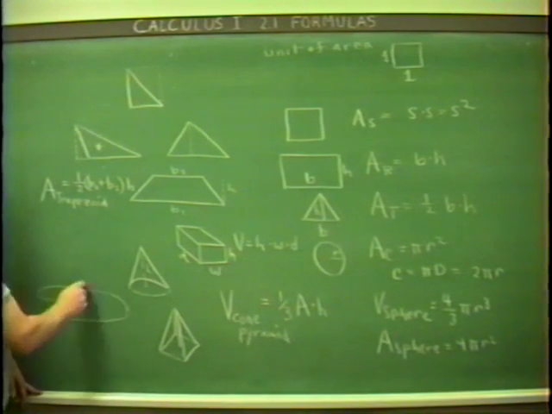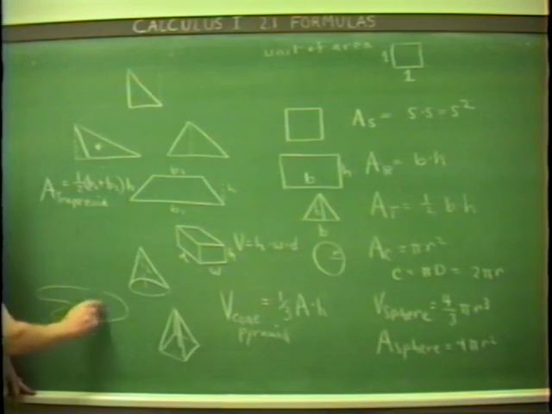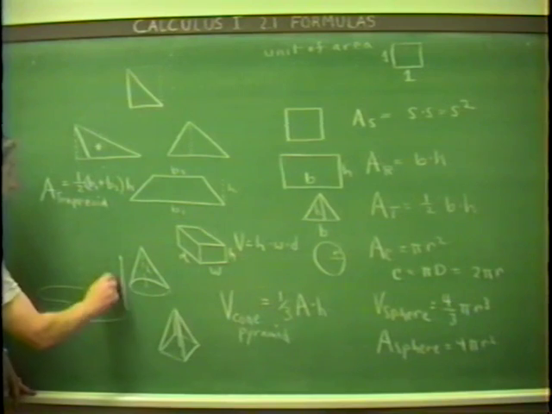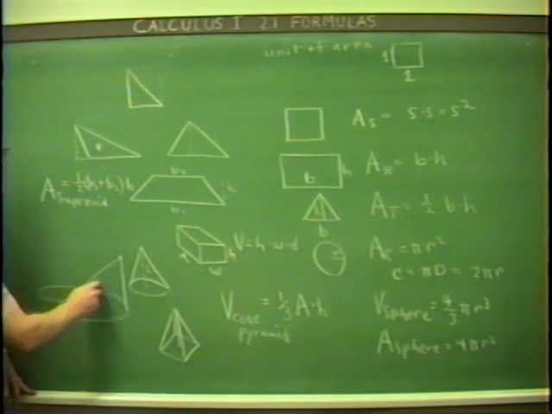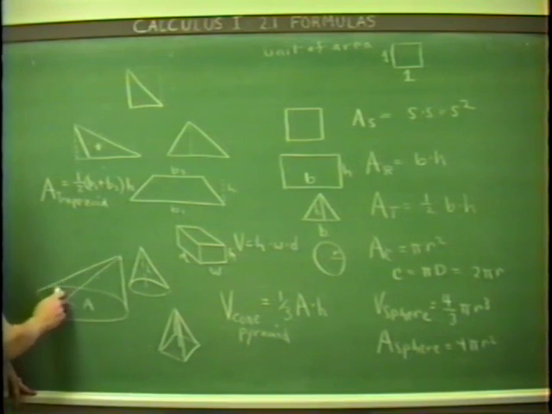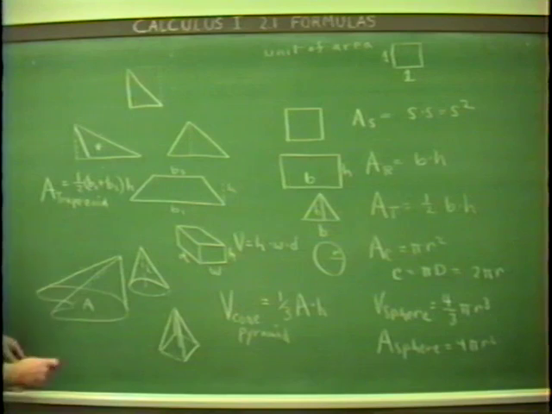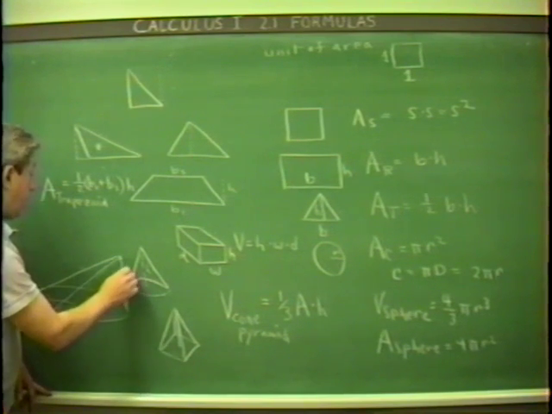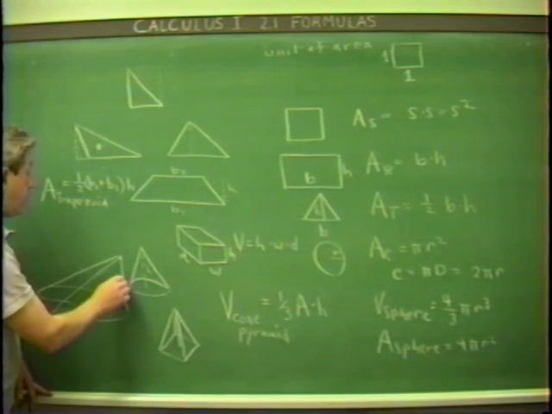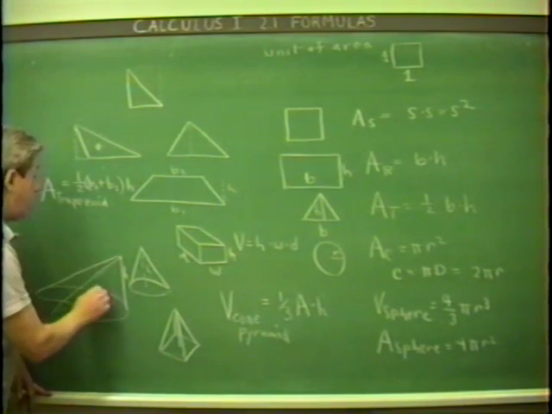A cone is defined by taking an area here, A, and a point not in the plane of the area, and drawing all of the line segments connecting this point to the area, and you end up with a cone that looks something like this. It's still true that the volume of the cone is 1/3 the height times the area of the base.